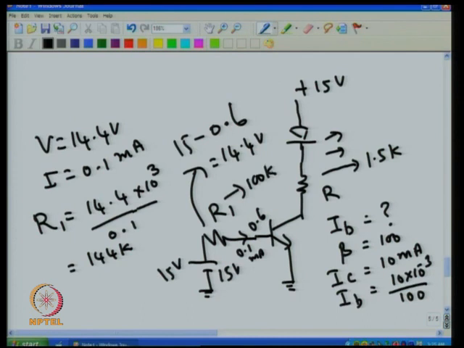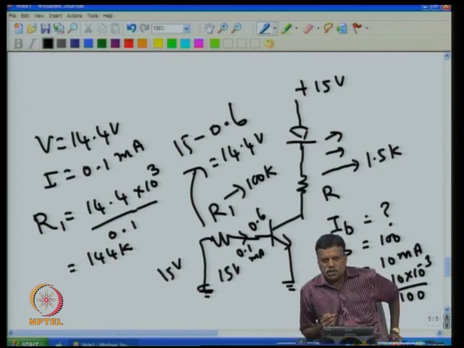So whenever this 15 volt is applied, the LED will glow. If this 15 volt is removed and I connect it to ground, for example, I will put this 100 K here and connect this to ground, then the LED goes off. Here we are using this transistor as a switch, because in the analog circuit course we will be using a transistor or MOSFET as a switch very many times.